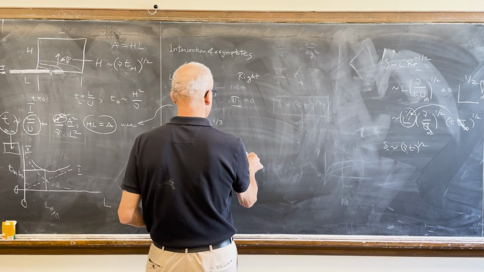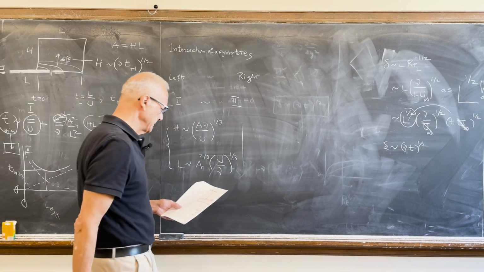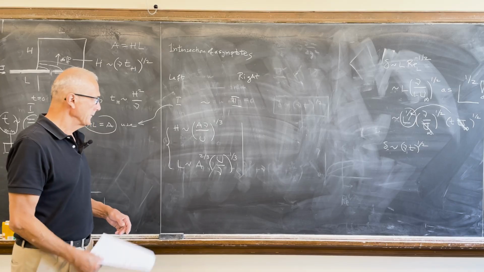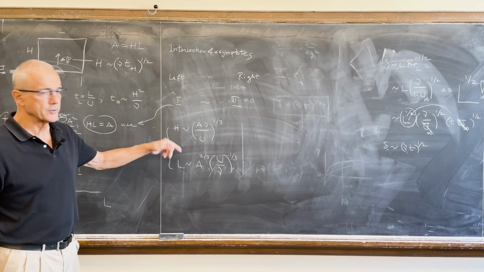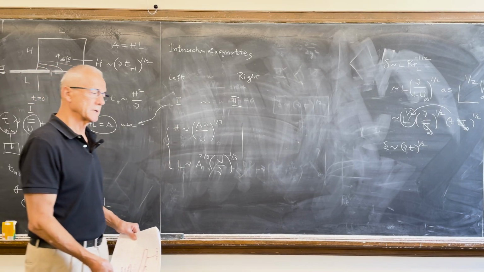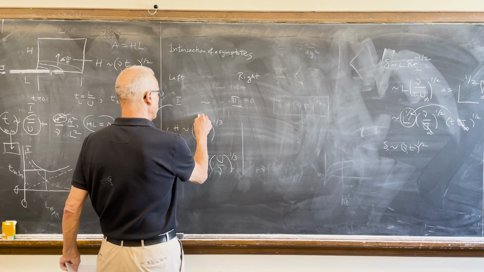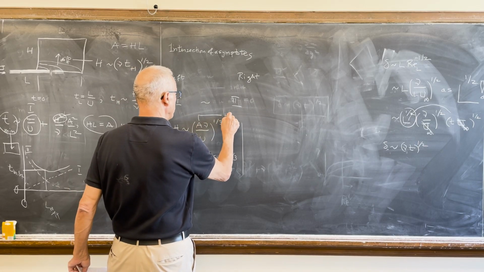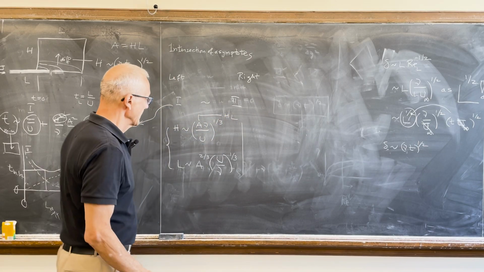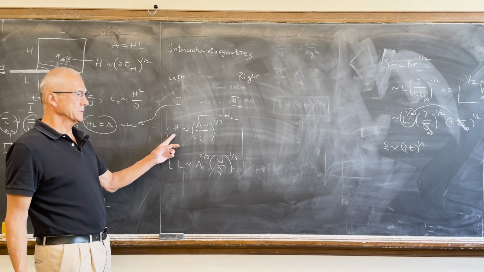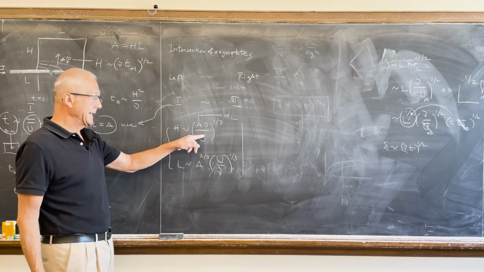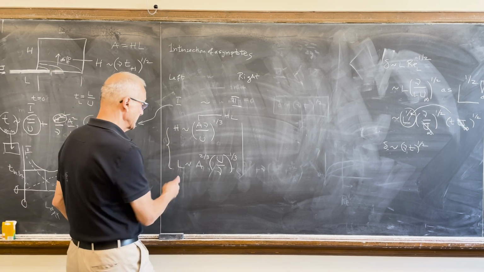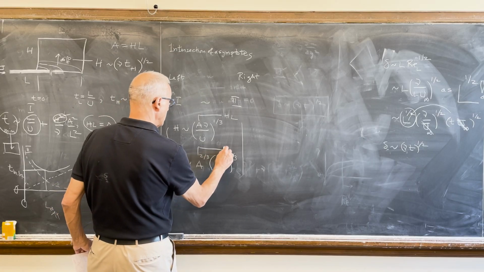But you can rewrite these things even better. If in either of these you substitute, instead of A, you put HL. In other words, you have an expression between H and L here, and another expression between H and L here.